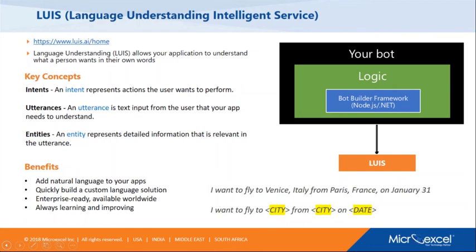Intents, as we understood, are creating a ticket or contacting the help desk. Then utterances would be something that the app would understand, based on the user's text. For example, you can see on the screen, "I want to fly to Venus, Italy from Paris, France on January 31st." That's a request that can come from the user.